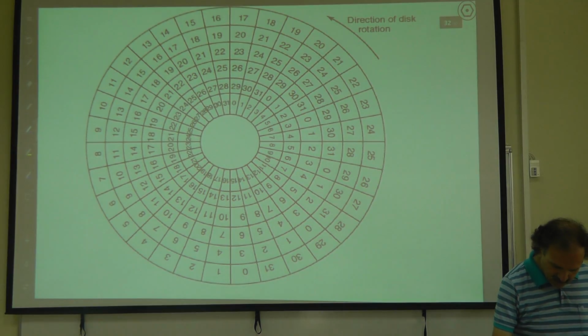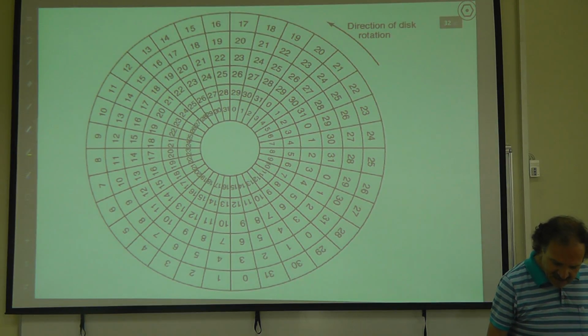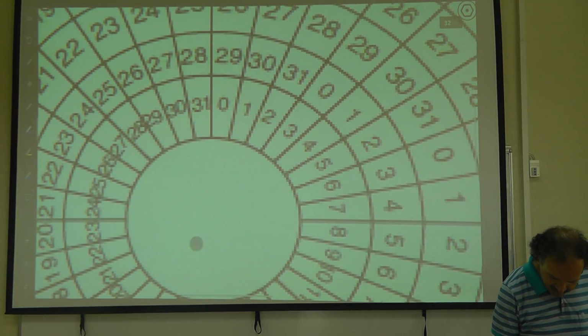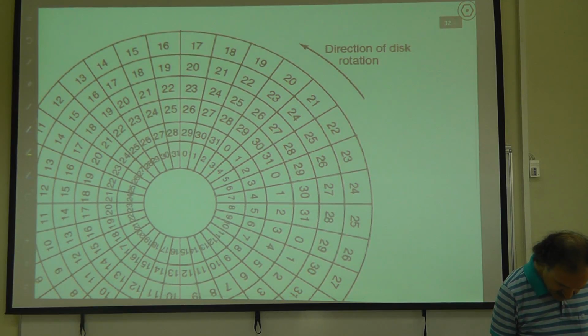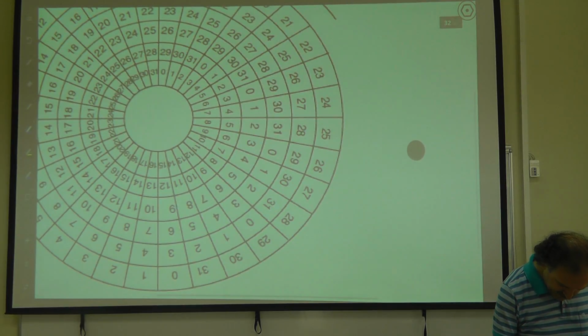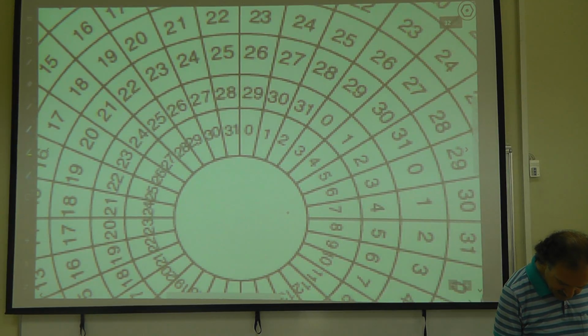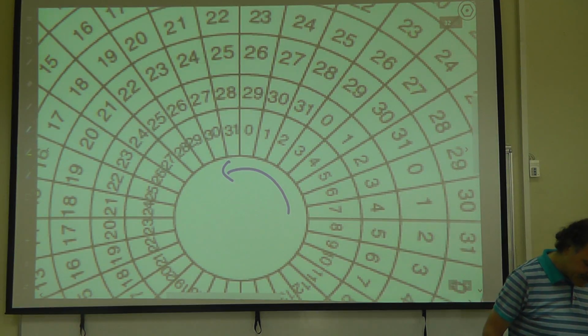Let's look at the structure, and after this we are going to stop and continue tomorrow. So these are the sector numbers. Let's look at this one. The disk spins this way.